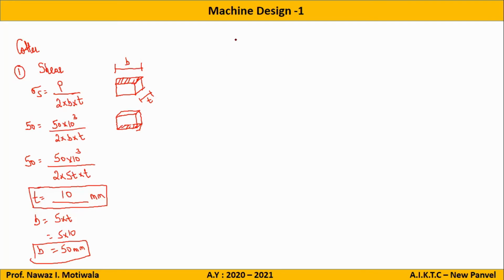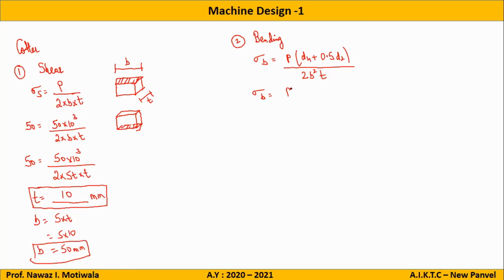So the second failure which can be there in the quarter is bending. Okay, so let me write here bending. And for bending we have the relation sigma B is equal to P into (D4 plus 0.5 D2) divided by 2B square T. Now again in this equation, sigma B, I will write it as it is.